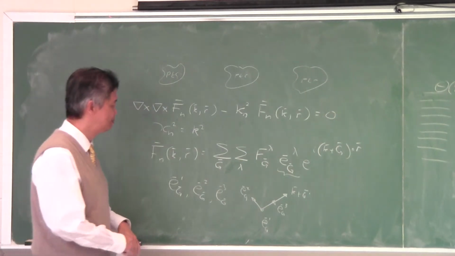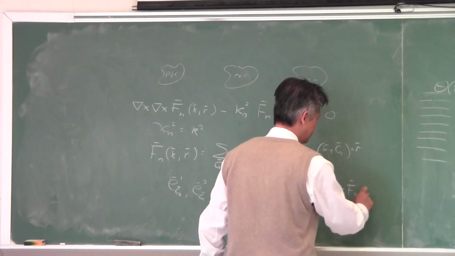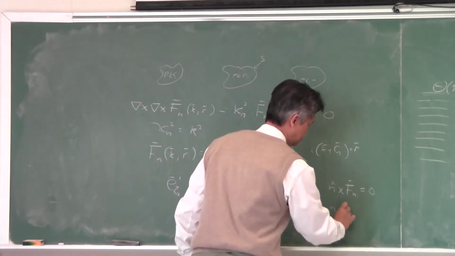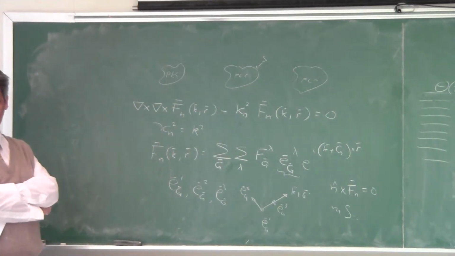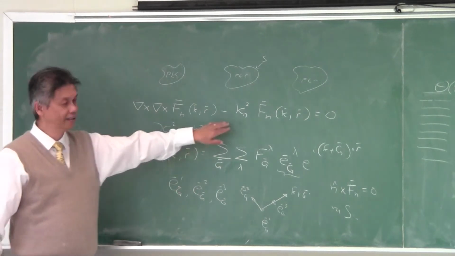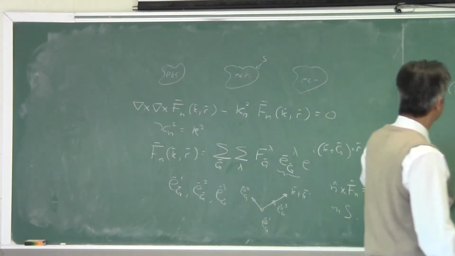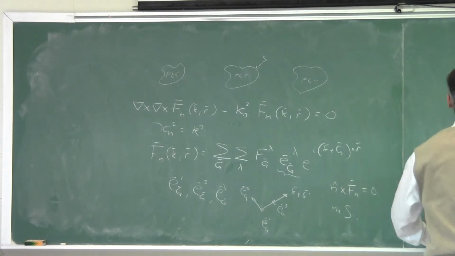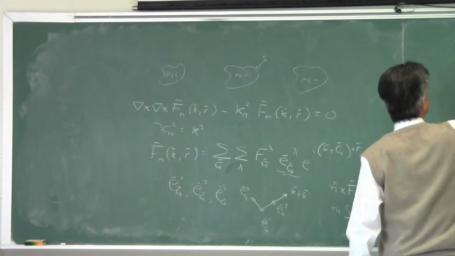And you will have to find these modes with the boundary condition that n cross F of n is equal to 0 on these surfaces. Okay. So you solve this as a boundary value problem. You find all these eigenvalues numerically. And these eigenvalues, kappa n squared, will be a function of k.